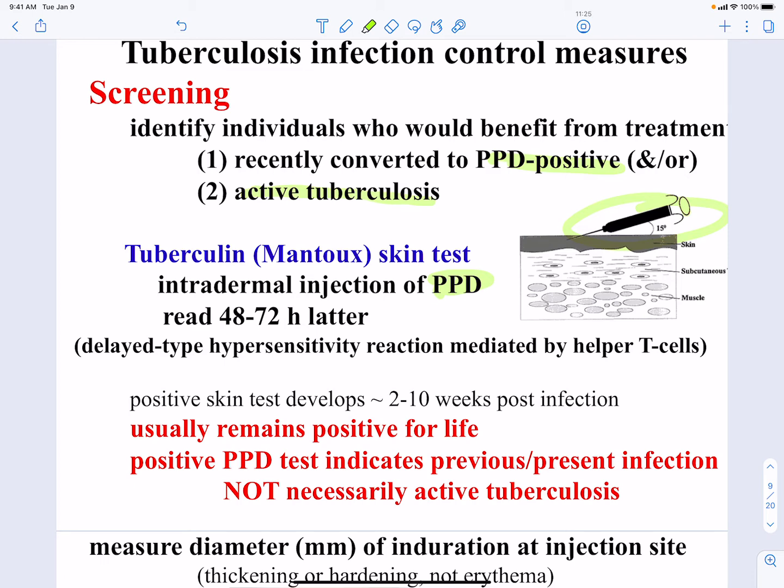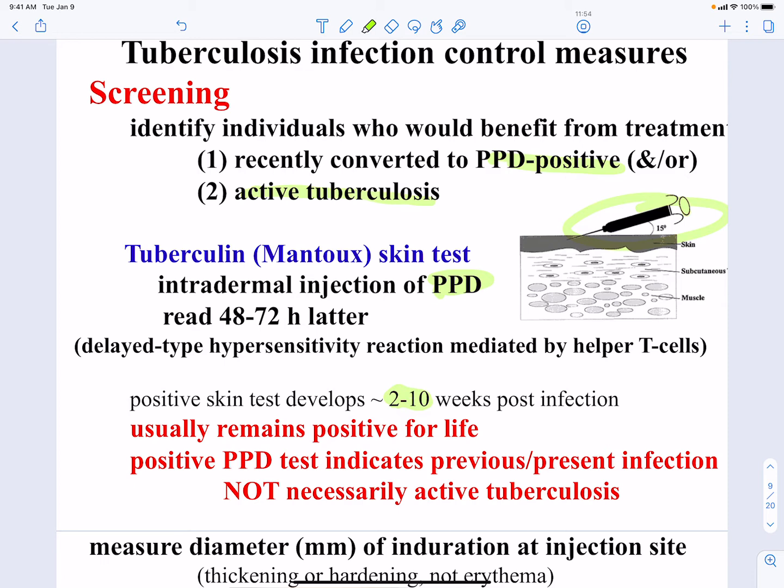Now, typically a positive skin test won't develop until 2 to 10 weeks after you've been exposed to tuberculosis, so it can't pick up people who have just been recently exposed and could potentially be activated. If a person does become positive, they usually remain positive for their life because tuberculosis is an infection. It causes a memory response in your T cells, and those T cells are going to be lifelong.